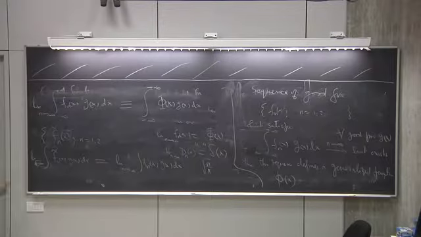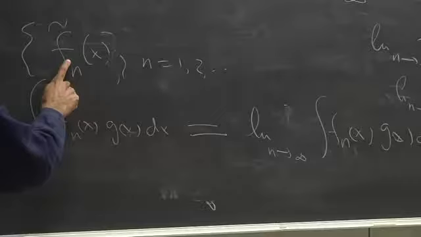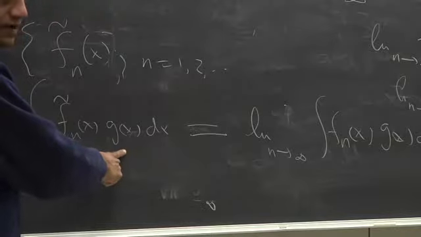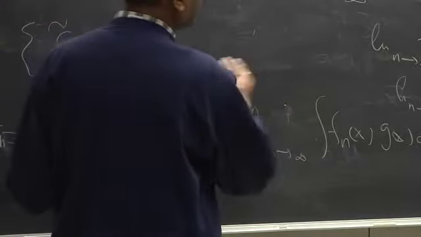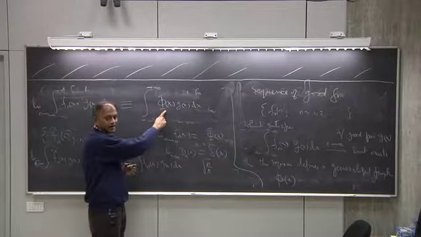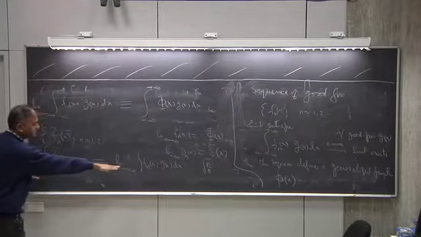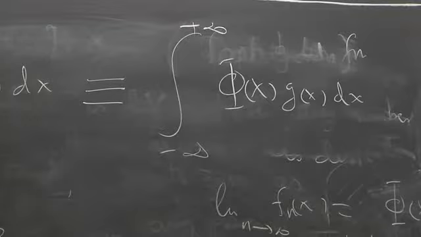So if the two sequences f_n and f tilde_n give the same limit for every good function g, then obviously they will define the same generalized function, because the generalized function is precisely that limit. On the right-hand side it is just the limit as n goes to infinity.